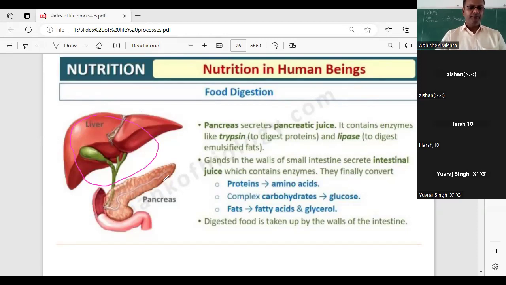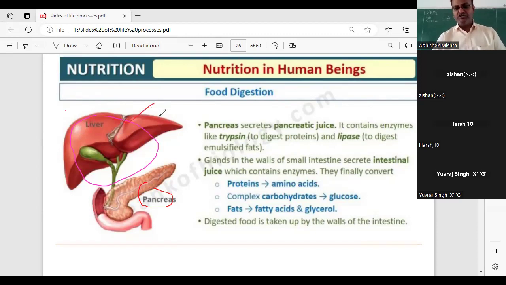So these are the 2 associated digestive glands. From the liver we discussed that bile juice comes.